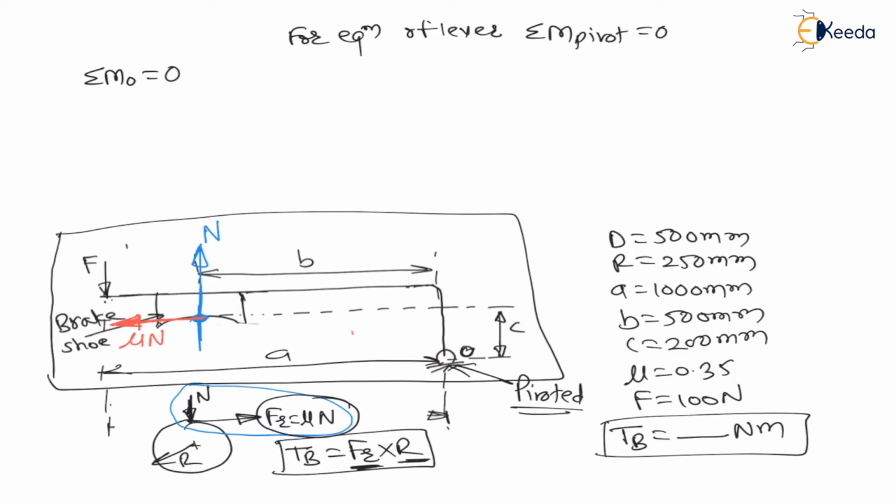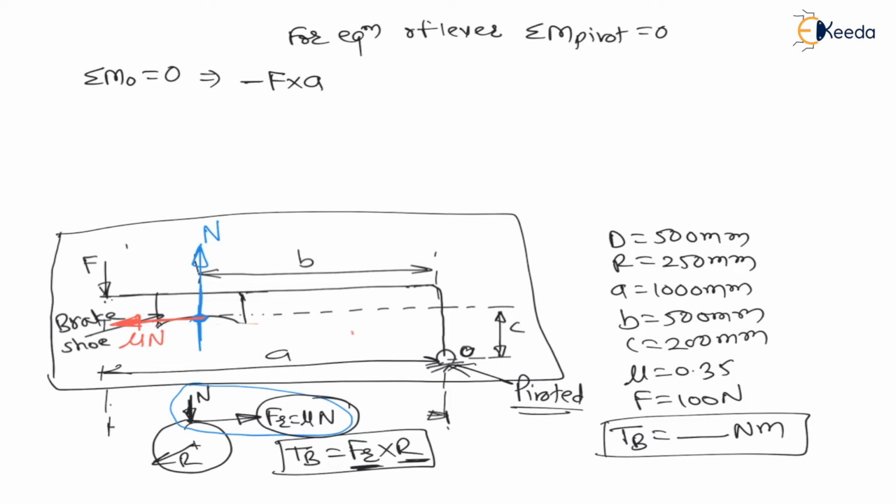About this O, the applied force is creating an anti-clockwise moment, therefore it is negative. Therefore, minus F into a, as this force is at distance a. Again, this mu N about O is also creating an anti-clockwise moment.